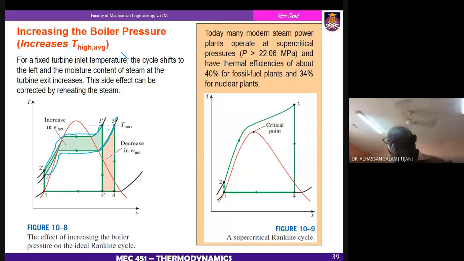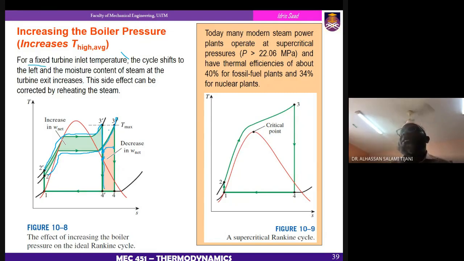So at high pressure, there will be a decrease in W net because this line is shifting to the left. You understand? And so you see that halfway after the expansion of the fluid, you will have a lot of vapor present. So increasing the boiler pressure to some extent helps, but to a large extent it's not desirable because there will be steam moisture.